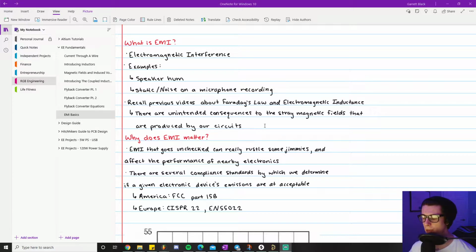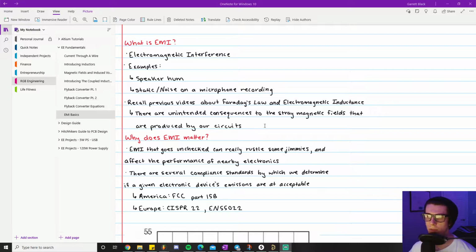We're talking about everything from malfunctioning electronic devices like your phone or your computer, all the way down to your grandfather's pacemaker stops working and he dies because of EMI, right? It could be because of EMI, I mean. So there are some pretty dire consequences to this, and some we can call mundane or annoying ones. But nevertheless, think about all the electronic devices and equipment that surround us: it's really important in society that EMI is properly mitigated in all those devices so they can live harmoniously and thrive in the same environment.